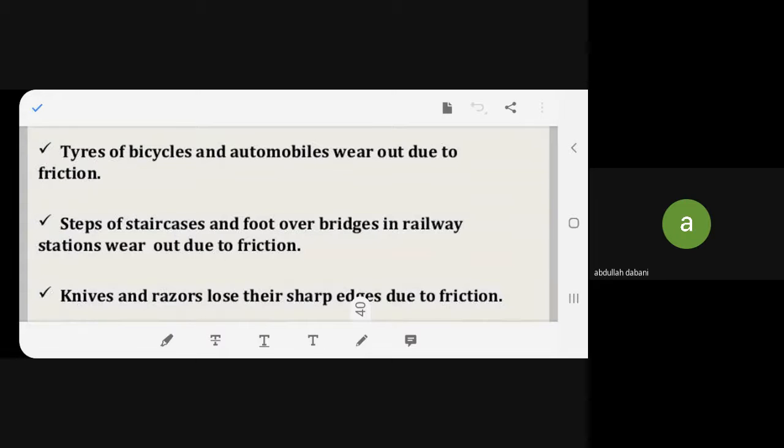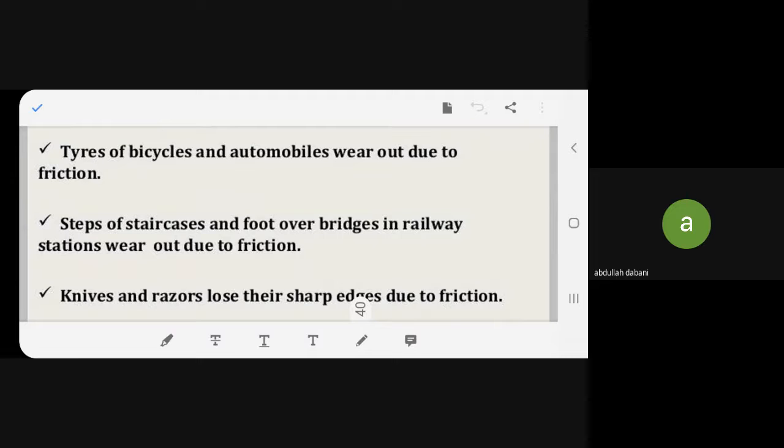Have you observed this if you have a wooden staircase at your place? The shape of the staircase changes because so many people are going upstairs. It's been used up due to friction.